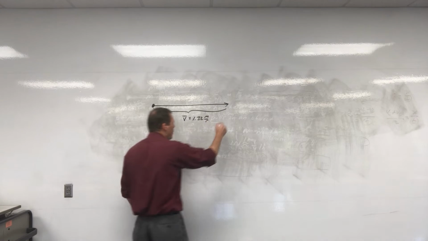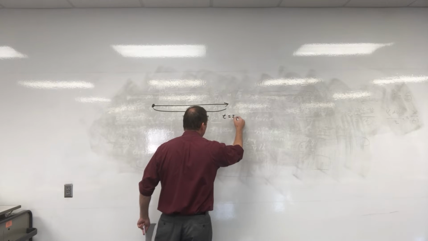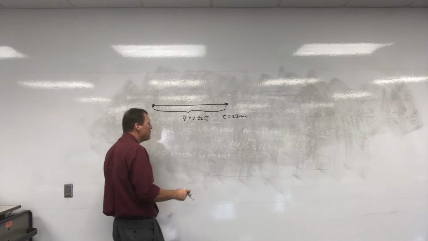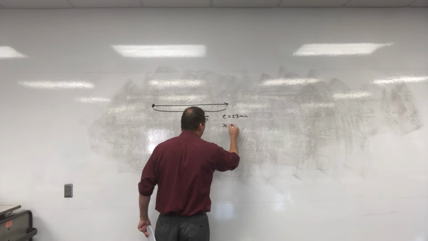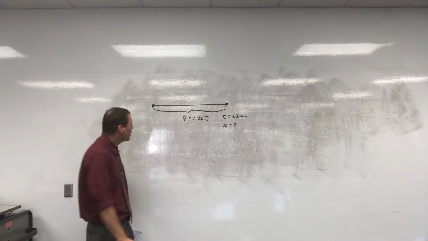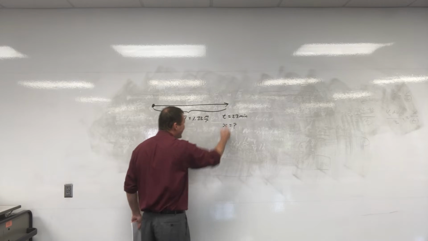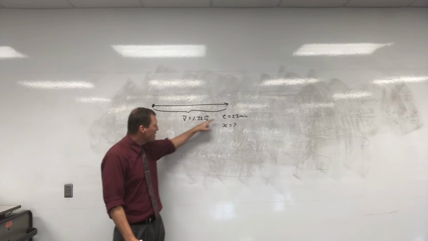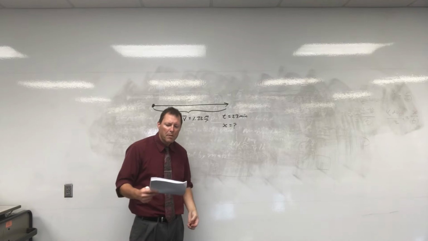He does this for 23 minutes, so time equals 23 minutes. And then my unknown: I am looking for the distance or displacement, the length from here to here. So there's my simple physics diagram, with my given and unknown information.